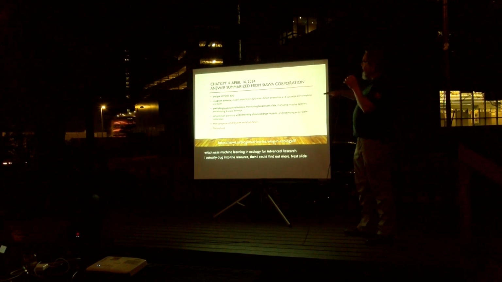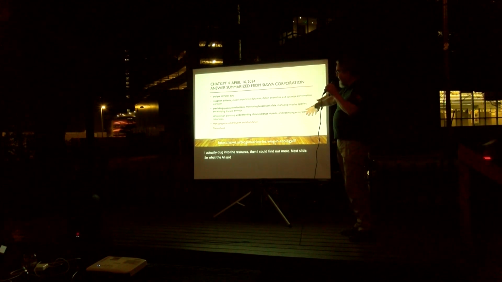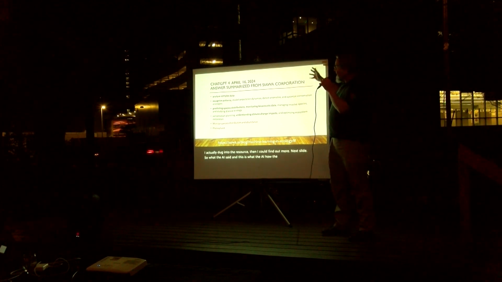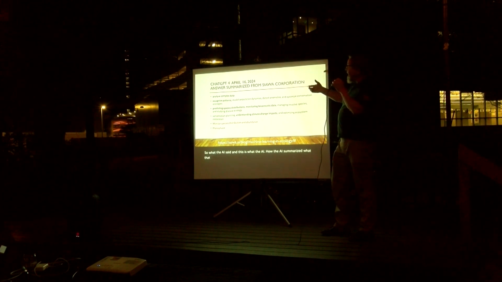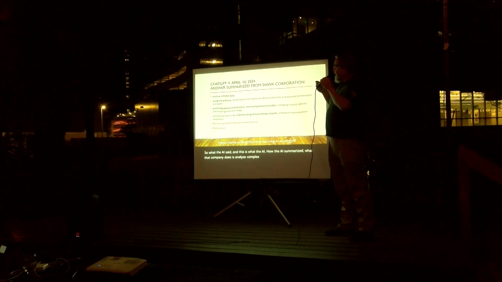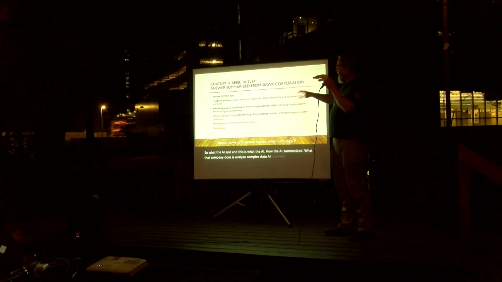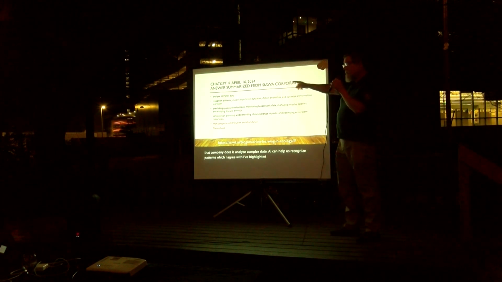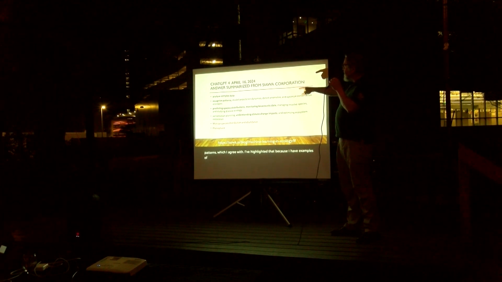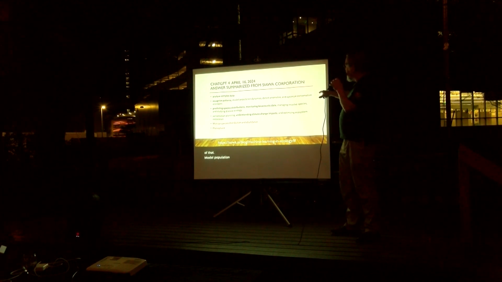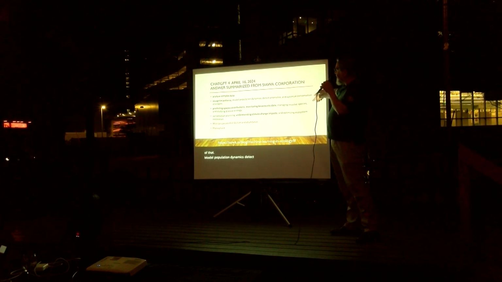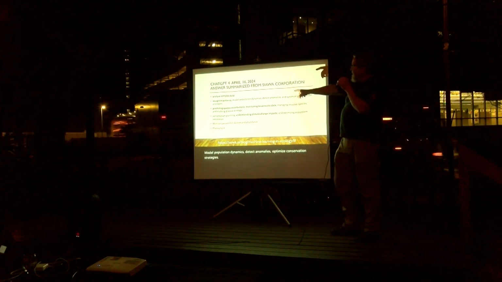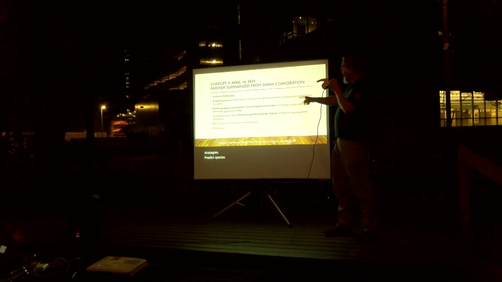So what the AI said, and this is how the AI summarized what that company does, is analyze complex data. AI can help us recognize patterns, which I agree with. I've highlighted that because I have examples of that. Model population dynamics, detect anomalies, optimize conservation strategies, predict species distribution. I'm going to show you some examples of that.